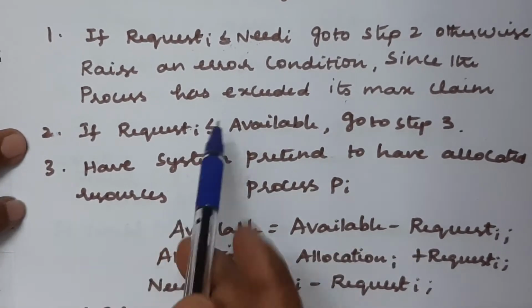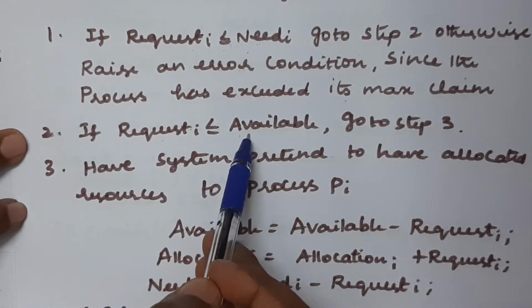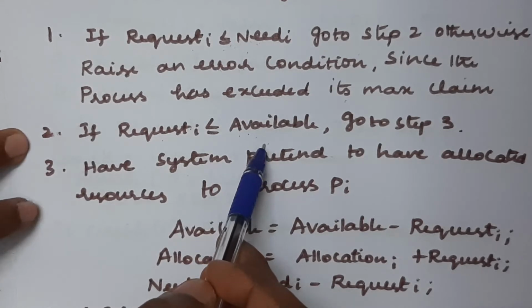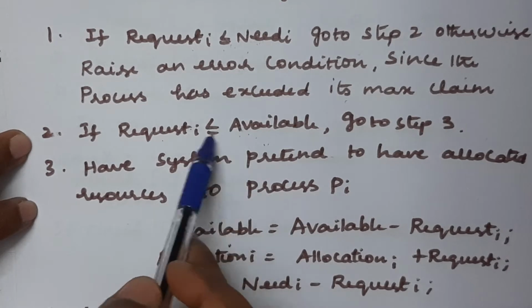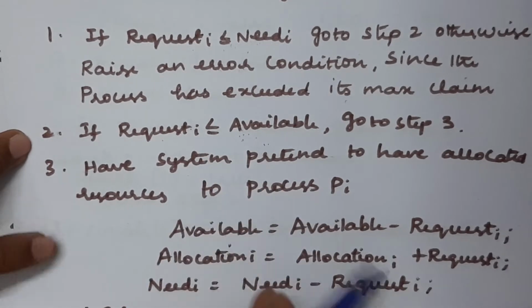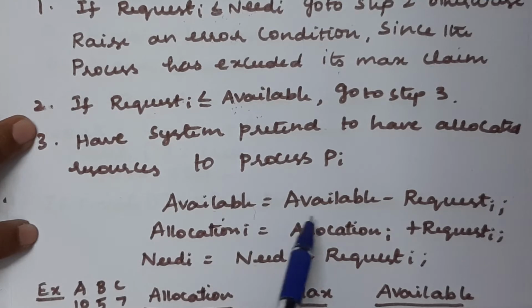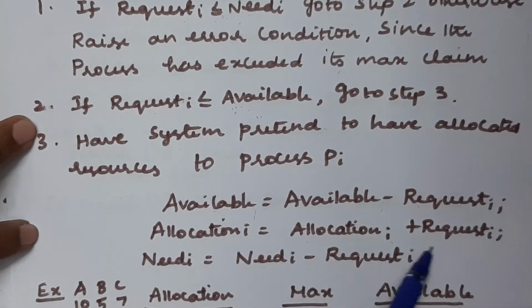What is the second step? Again we need to check whether the request value is less than or equal to available. Yes, we need to check whether the resources are currently available or not. Okay, then go to step 3. If the condition is satisfied, then we can allocate the resources to the particular process. After the allocation, available is available minus request, allocation is allocation plus request, and need is need minus request.